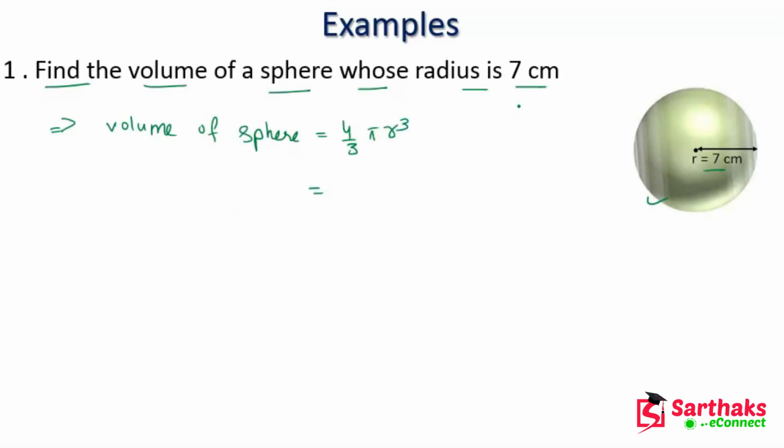With r equal to 7, we have 4 upon 3 into 22 upon 7 into 7 into 7 into 7. The 7 and 7 cancel, so we get 4312 divided by 3. After solving this, we get 1437.33 centimeter cube. This is the answer of this question.